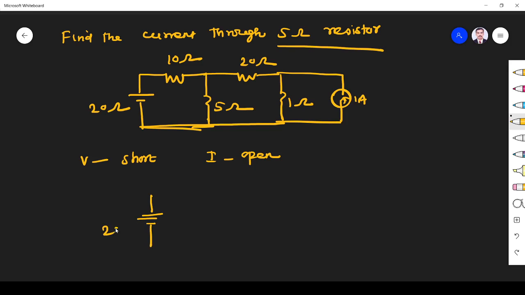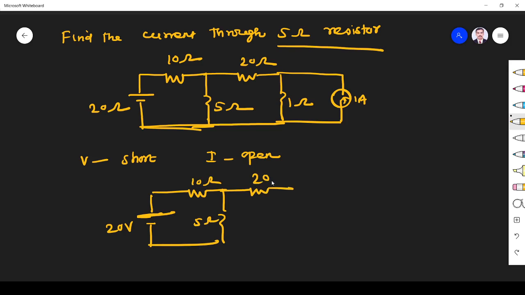So this is 20 volt. This will be as it is 5, fine. So 10 ohm, 5 ohm, again 20 volt, fine. And this is 1 ohm, right?